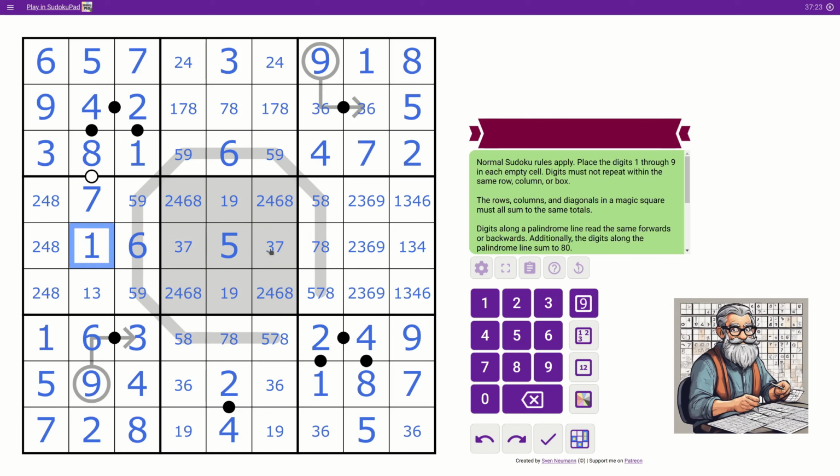So maybe that's how I should have thought about it a while ago. So this isn't a 1 anymore. This isn't a 3. And this is an 8. So this is a 5, which means this is a 5. This is an 8. Which means this is a 7.